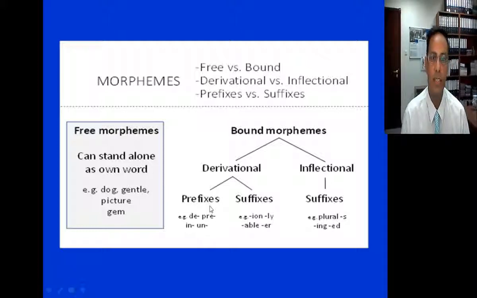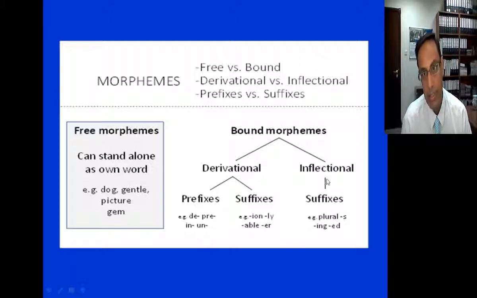Prefixes such as de, re, in, an, im, and so on. And suffixes such as ion, tion, ly, able, or ible, er, and so on. Many prefixes and suffixes.